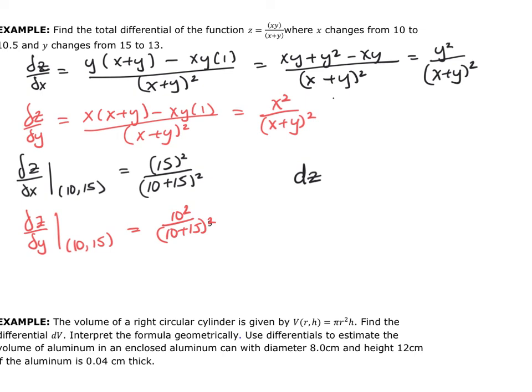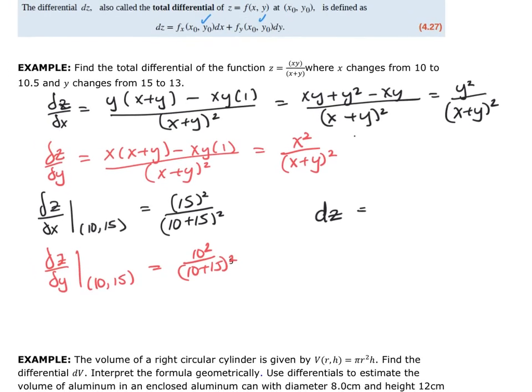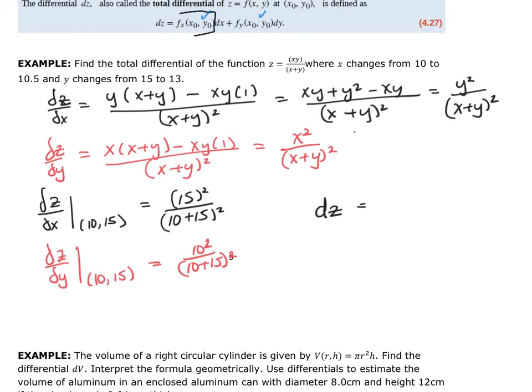So when I look at my partial derivative with the evaluation, that's going to be 0.36. So this is 0.36.